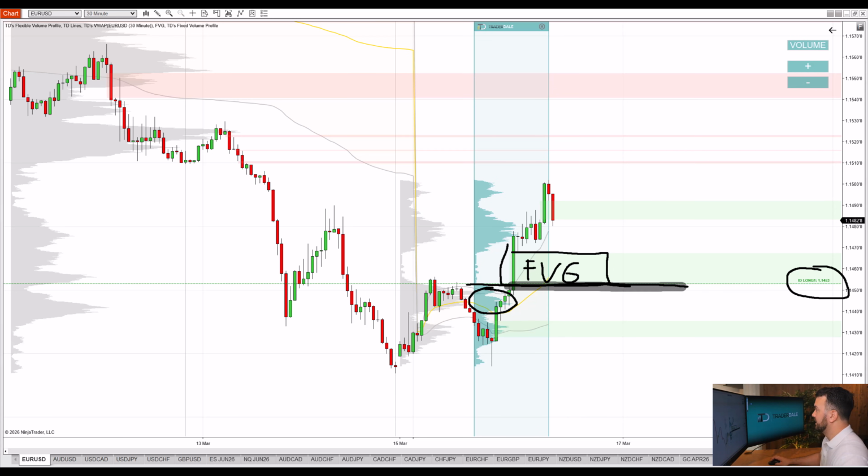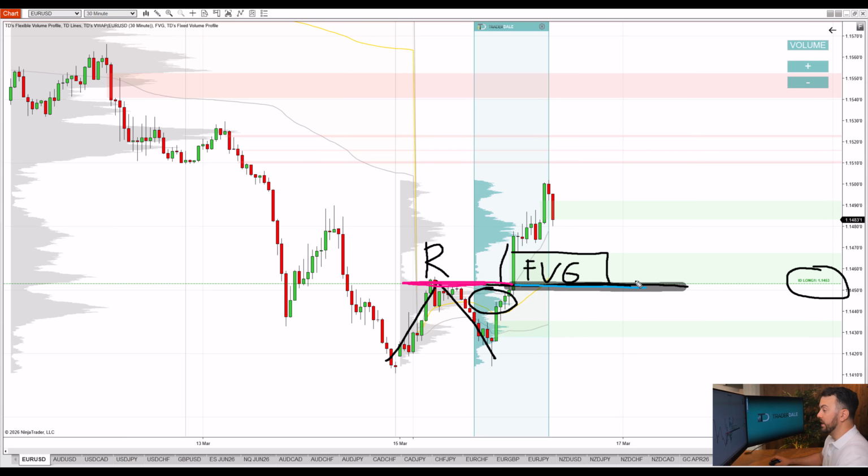On top of that, in the past, this worked as a resistance. See how the price reacted to this level? So that means that in the past, this was a resistance. When the price blew past that resistance, it turned into a support.